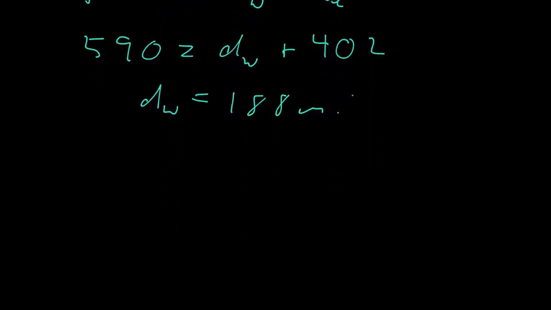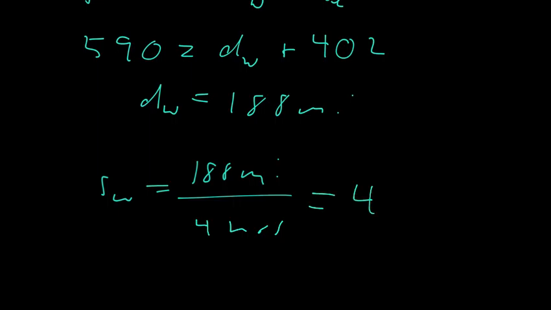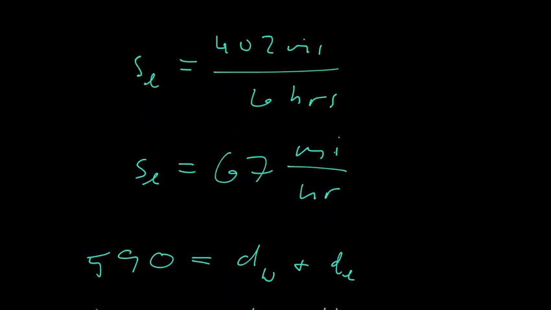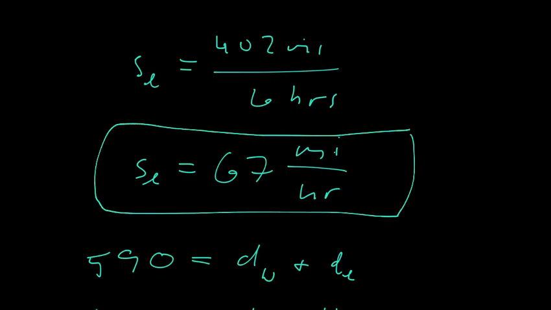Then the speed on the winding road should be 20 miles per hour less than on the level road, so let's check that: 188 miles traveled in 4 hours. I'll leave it to you to check, but that should give you 47 miles per hour. This step wasn't really necessary, but it helps us check our work. So your actual final answer is going to be 67 miles per hour.